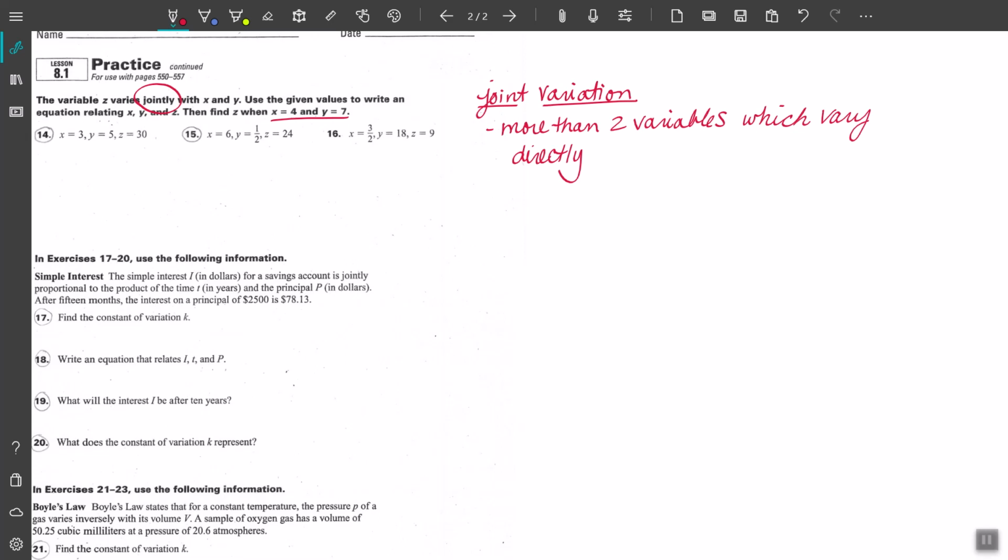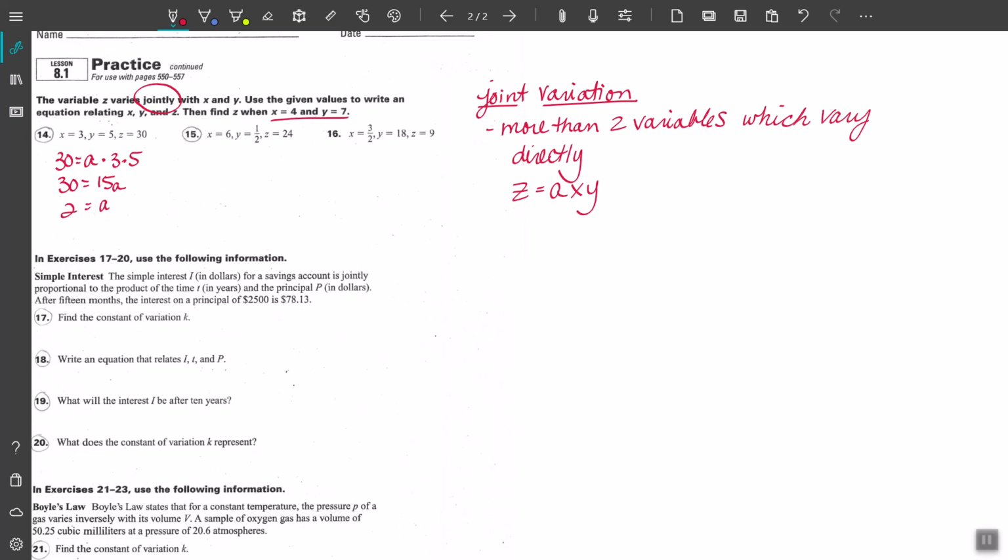Since they all vary jointly, the formula is z equals a, our constant of variation, times xy. So all we have to do is take the three variables they gave us and use them to solve for our a. We'll end up with an a of 2 in this particular equation.